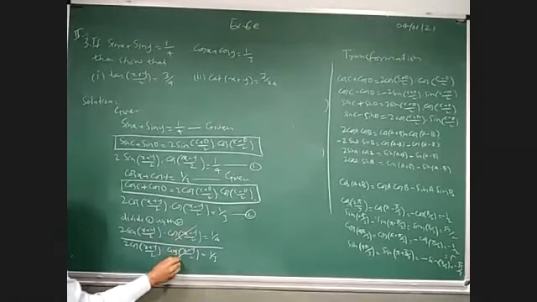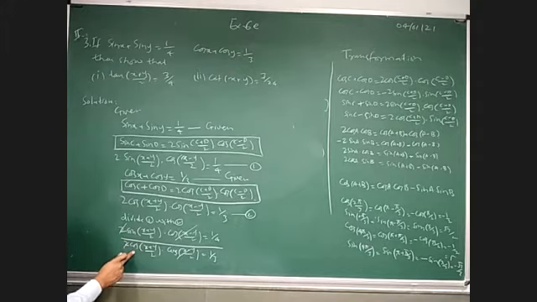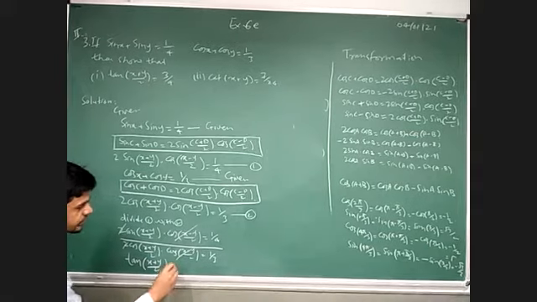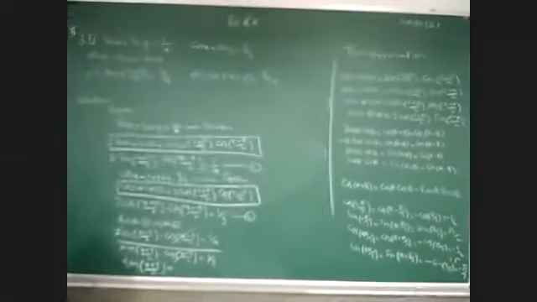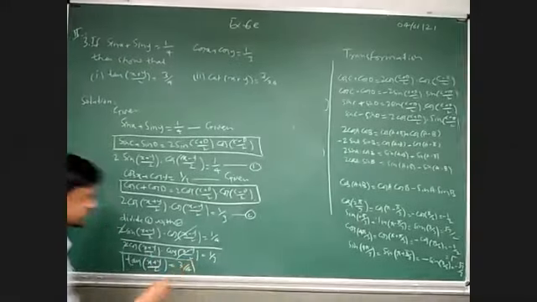These things will get cancelled and 2 will get cancelled. So sine by cos will be tan((x plus y) by 2), and here 1 by 4 divided by 1 by 3 is nothing but 3 by 4. So this is our answer.